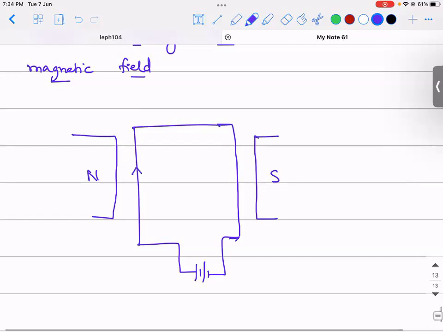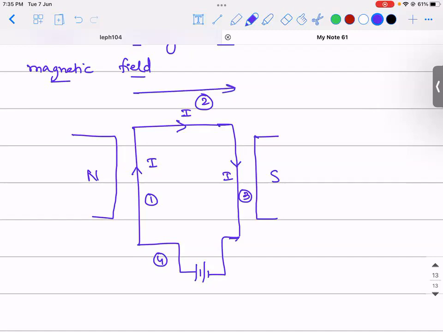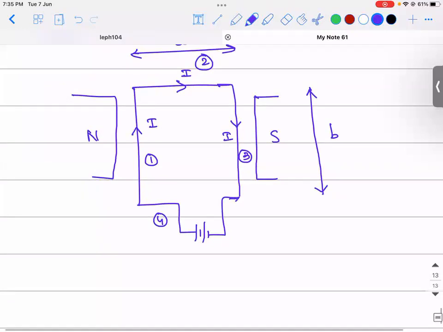And let's say the current is flowing in the clockwise direction. It is like this. So if I take this as first, second, third, and fourth conductor, let's say this side is A and this side is B.